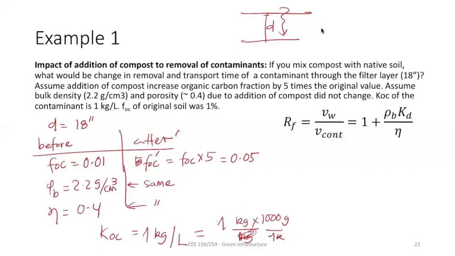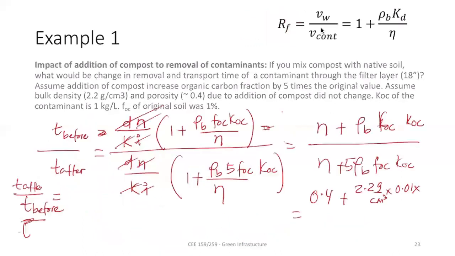And 1 liter is equal to 1000 ml, and 1 ml is 1 centimeter cube. So you can say everything cancels, it's the same unit, the same as 1 gram per centimeter cube. So that's one.